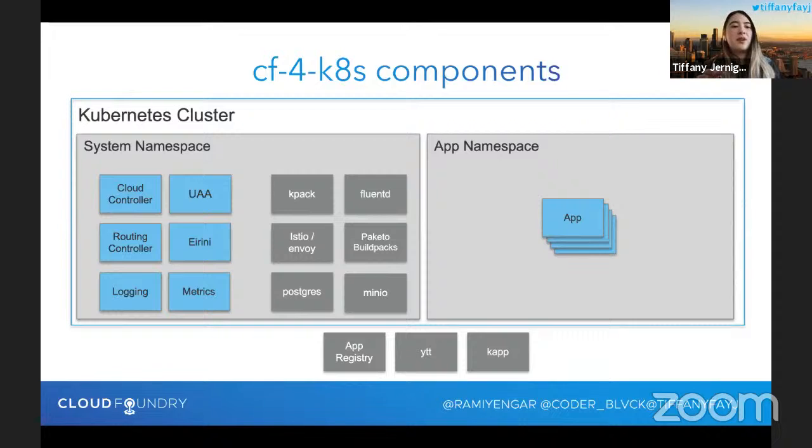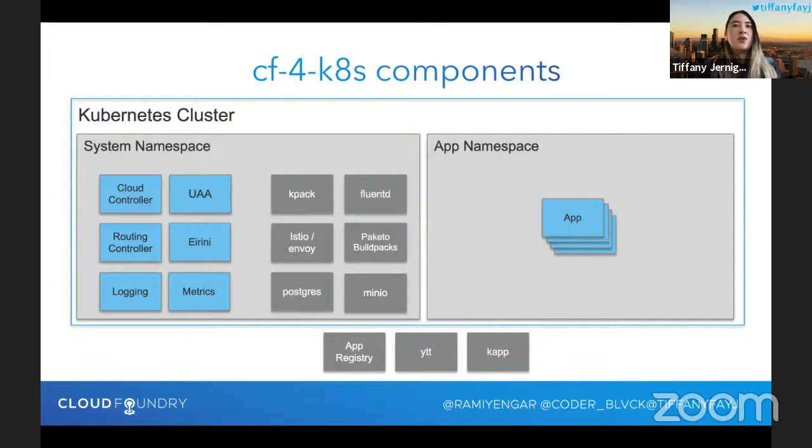There are different things in there. There's Kpack, which we were mentioning, which uses the Cloud Native Buildpacks. There's Paketo, which is the buildpacks that are written in Go. You have Istio, which manages the inter-component communications, things to do with security.